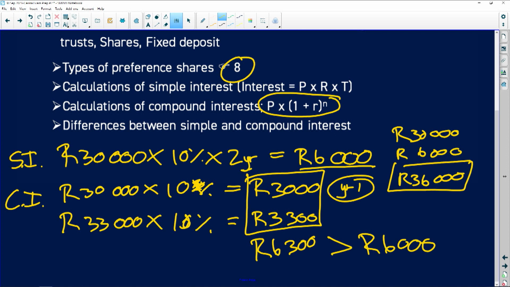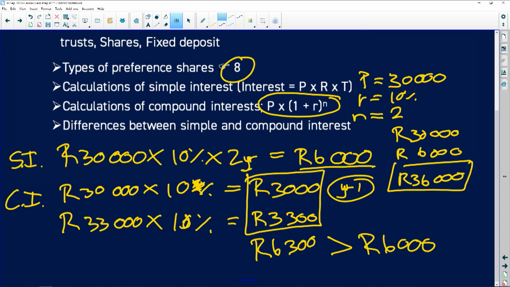Now P stands for the amount that you invested. That's P is equal to 30,000. All right. 1 plus R. R is the interest rate, which is 10%. And then your N actually stands for the period, which is, in this instance, 2 years, and it has to be per annum.